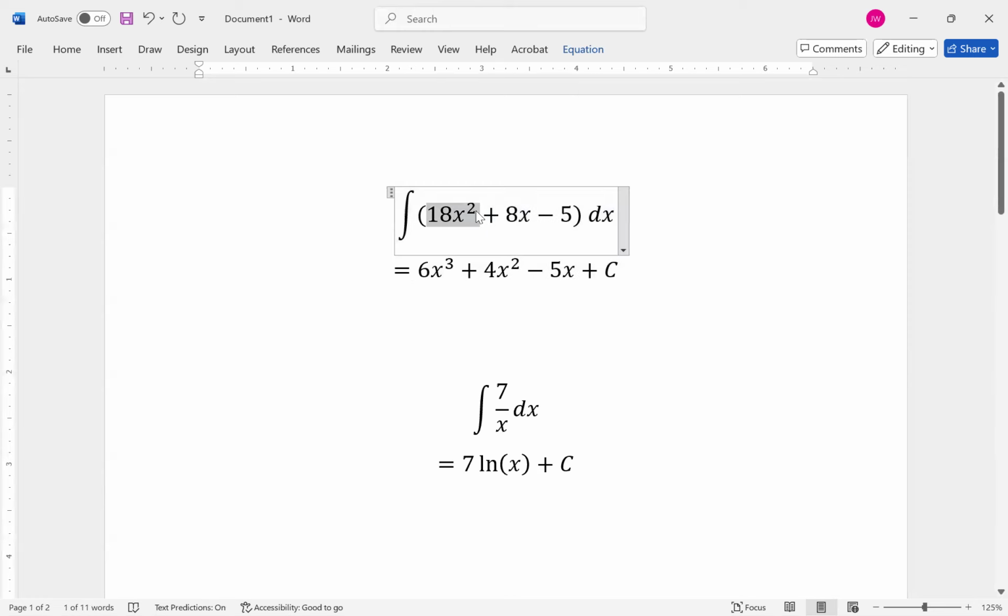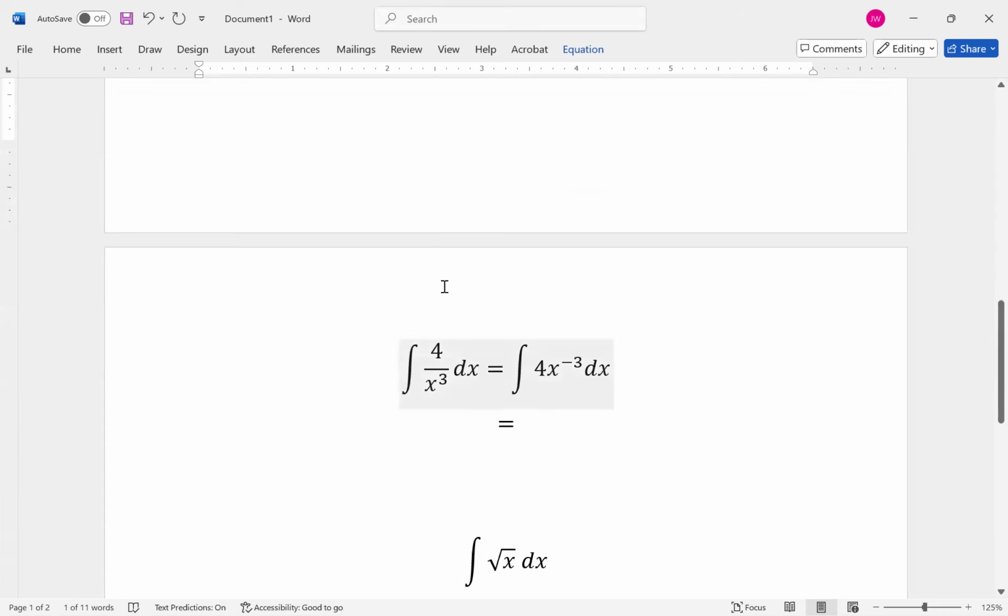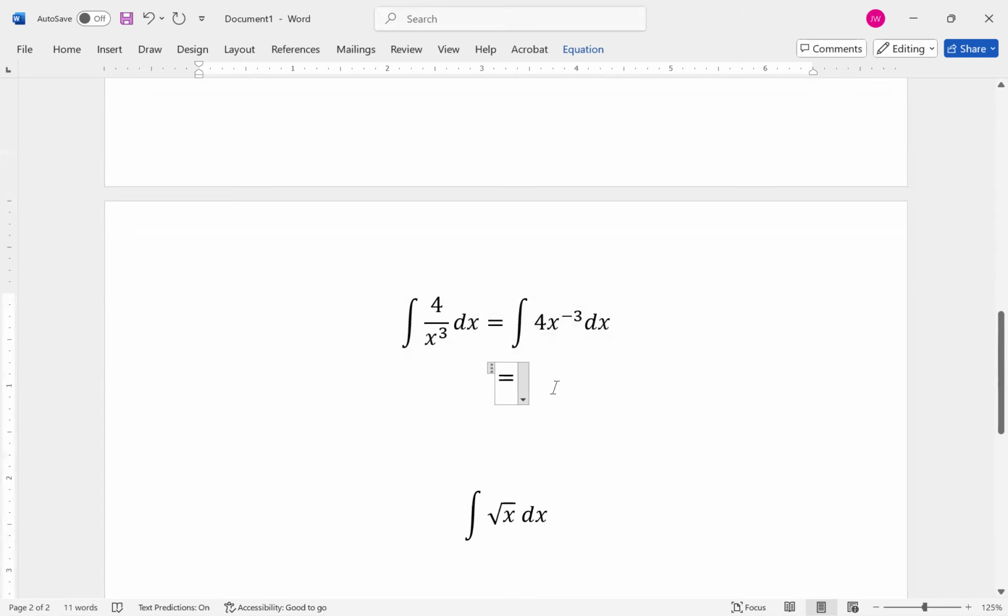Raise x to a power, that power goes up by 1, and then I divide the coefficient by the new power. So I take x to the negative third and raise the exponent by 1. If I take negative 3 plus 1, that's going to give me a negative 2.